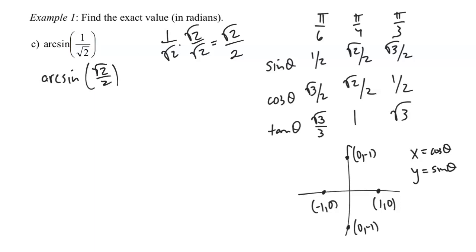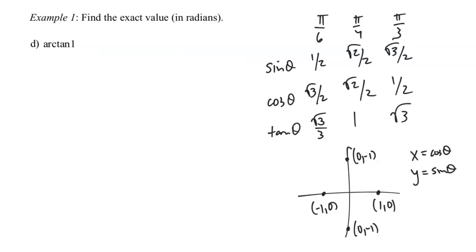And so we're looking for which angle has a sine value that is equal to square root of 2 over 2. Taking a look at my list of values here, I see square root of 2 over 2 is here, and the angle that produces that particular trig value is pi over 4. And so that is going to be the answer to this particular problem.